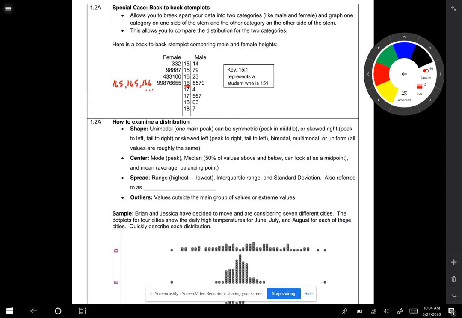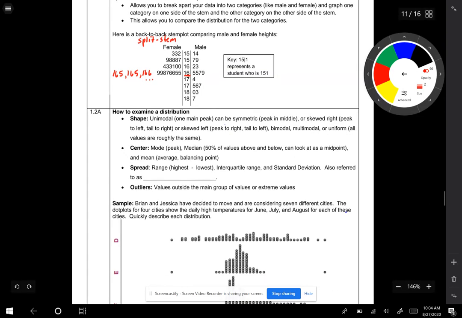Also, I forgot to mention, this is a back-to-back stem plot, and it is a split stem as well, because there are two stems for each one. And so this shows the distribution of females more clumped together, whereas the male ones are more spread out.